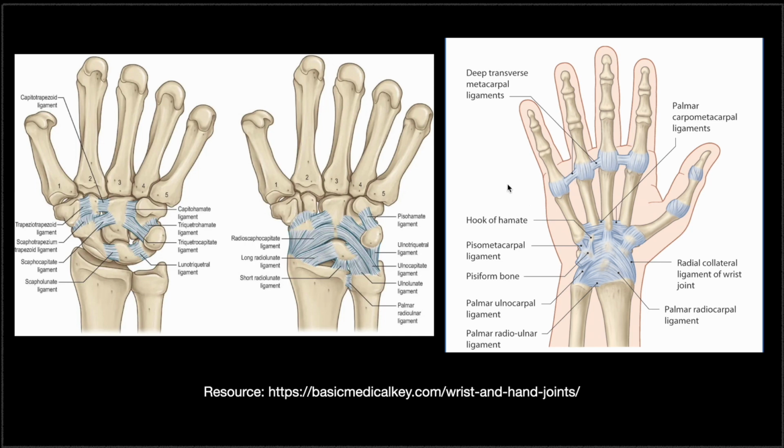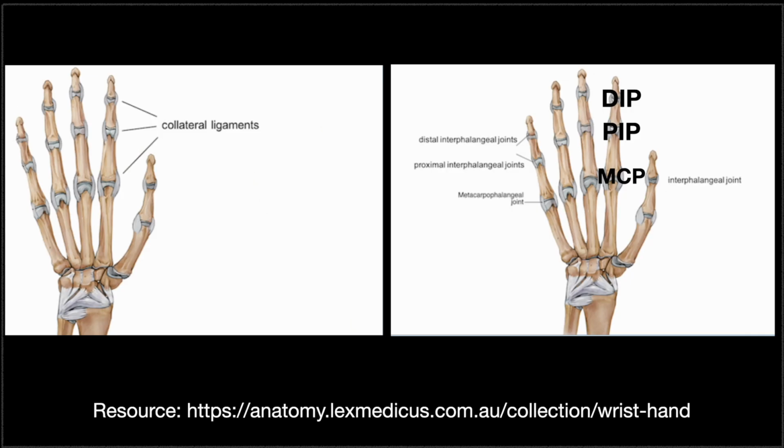I want to talk about finger joint names. Maybe for just learning the anatomy, it will not make a huge difference to know the names. But when you start learning systemic autoimmune disorders, it is very important for differential diagnosis. So we have DIP, distal interphalangeal joints, PIP, proximal interphalangeal joints, and MCP, metacarpophalangeal joints.